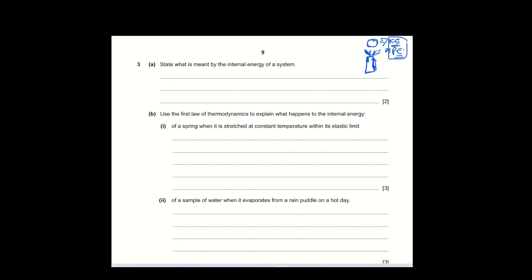From here the concept of internal energy comes: when you heat this stone, the energy is used in increasing the energy of the atoms or the molecules that make this stone.